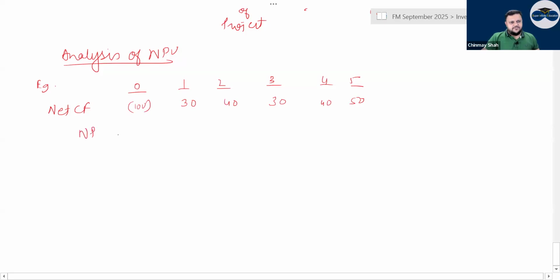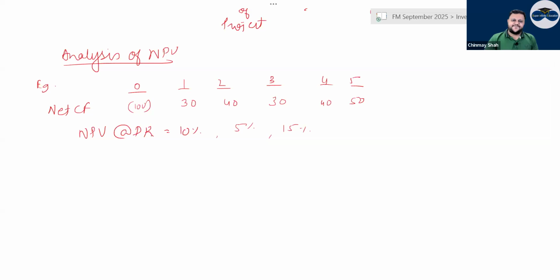Now see what I'm doing. NPV at discounting rate equal to 10%, comma, discounting rate 5%, comma 15%. Three discounting rates. You start with 5%.